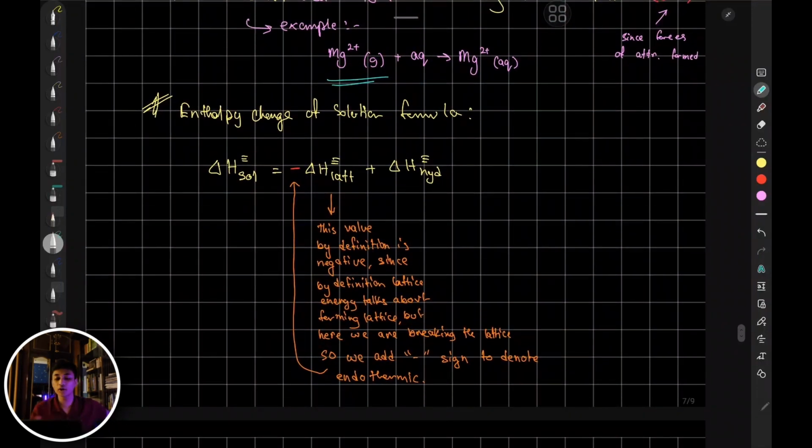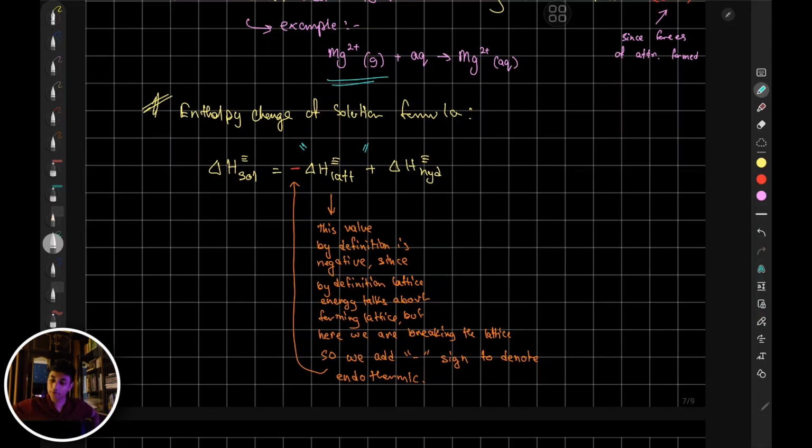So what is the formula of enthalpy change of solution? Enthalpy change of solution is given by minus enthalpy change of lattice energy of formation, plus enthalpy change of hydration. Now, why is there this odd minus sign in front of the enthalpy change of lattice energy?